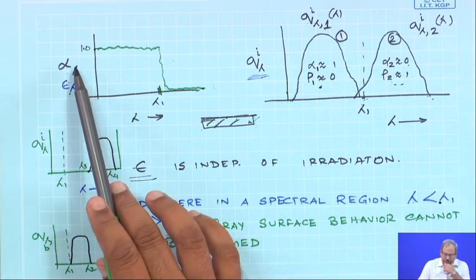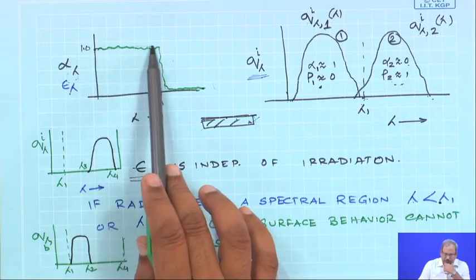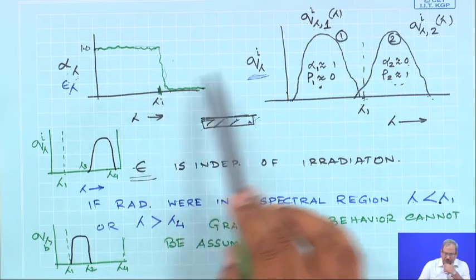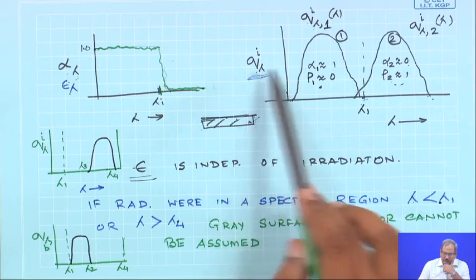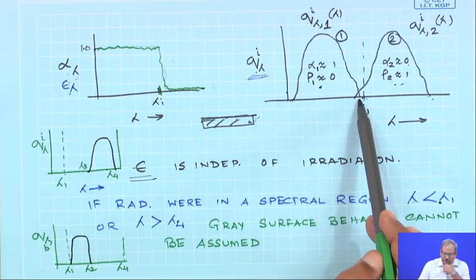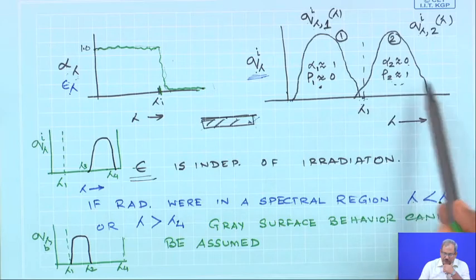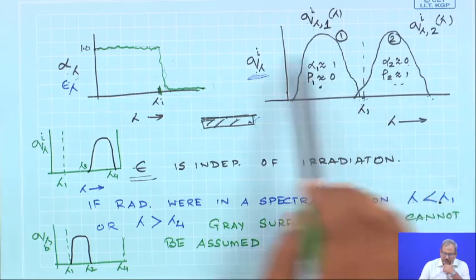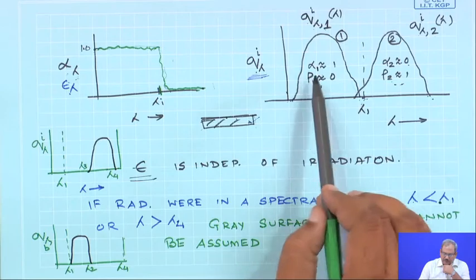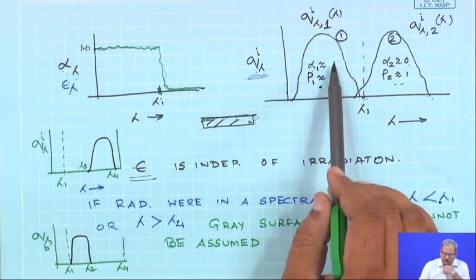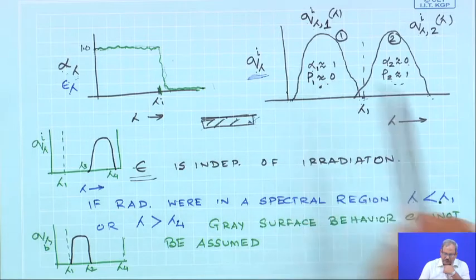This is a case in which the values are close to 1 and then it falls sharply beyond lambda 1. You have two incident radiations, one is within lambda 1, the other is beyond lambda 1. So, if it is within lambda 1, then alpha is going to be equal to 1, the reflectivity is going to be 0.